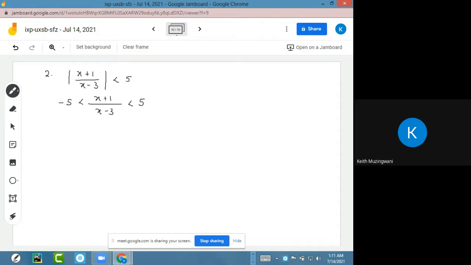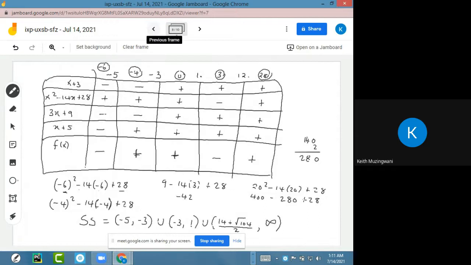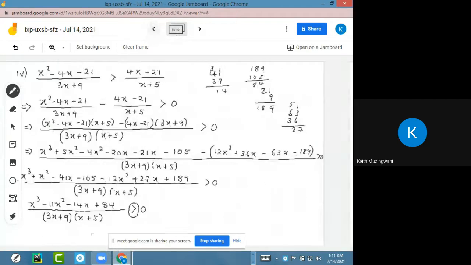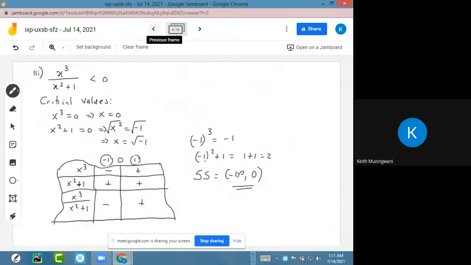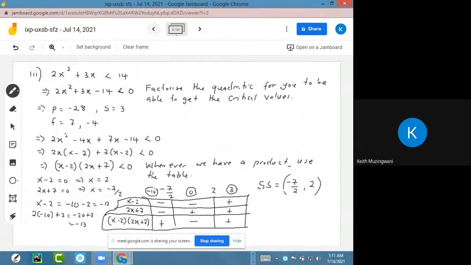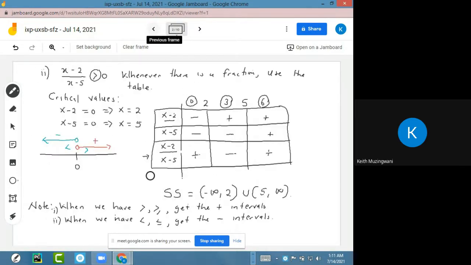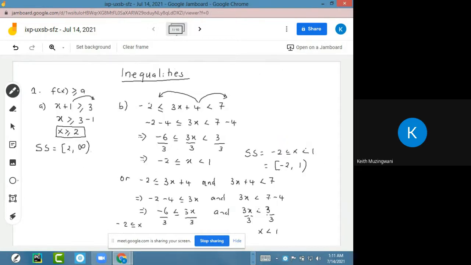So at this point, it has now become just like these inequalities here, where we have this thing greater than that thing, like that, where you have -2 less than this, less than that.